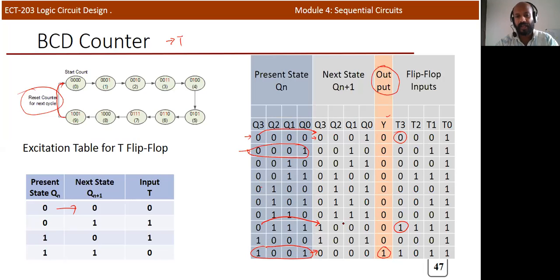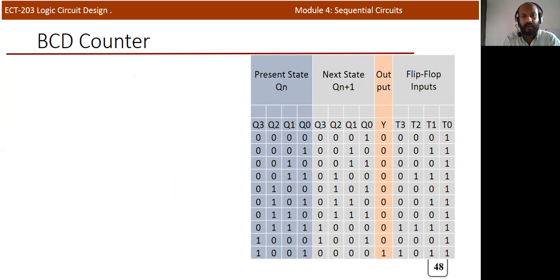In the case of 1 to 1, the T input should be 0. In a similar way, you can observe Q2 changes and fill the T2 column, Q1 changes and fill T1, and Q0 changes and fill T0.